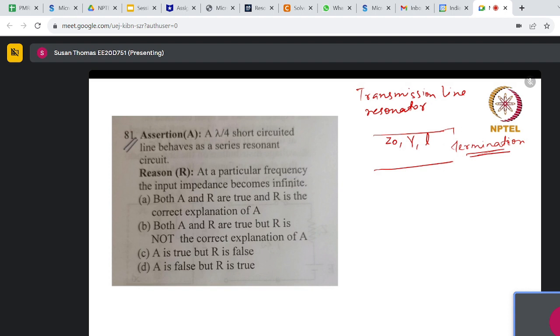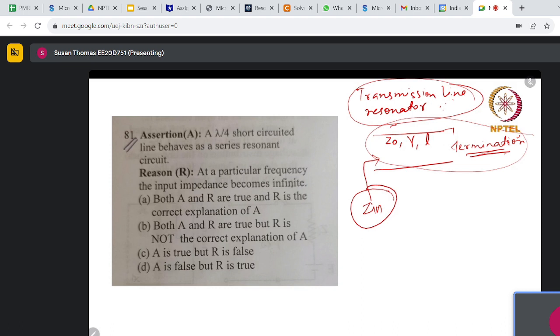So given all these parameters, this transmission line can also act as a resonator. We need to see what the input impedance of this is. That will determine whether it is a series or a parallel resonator.